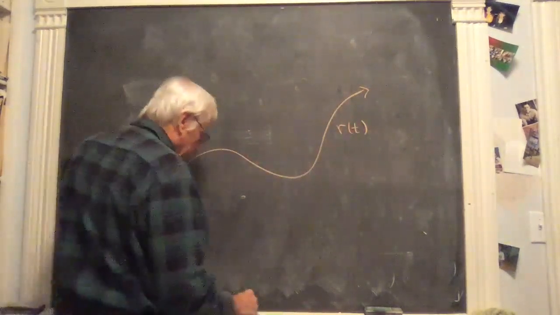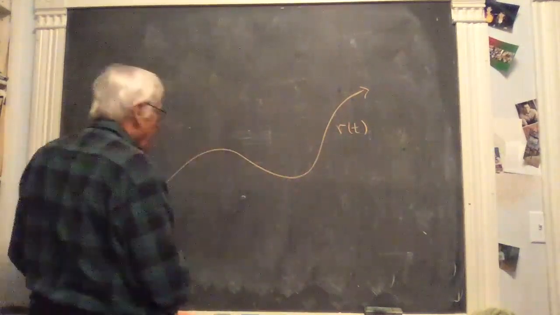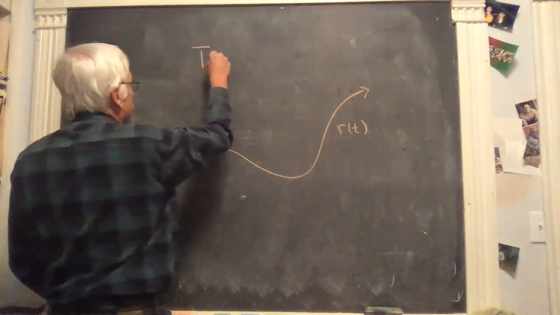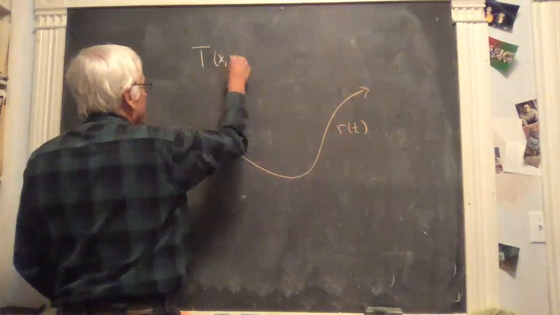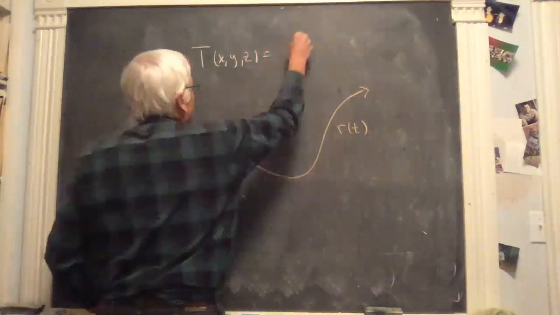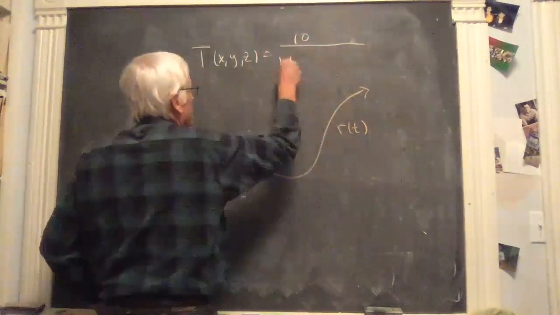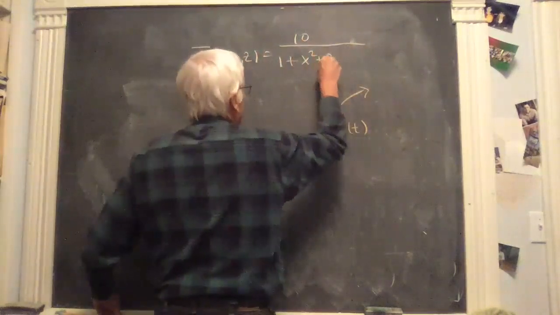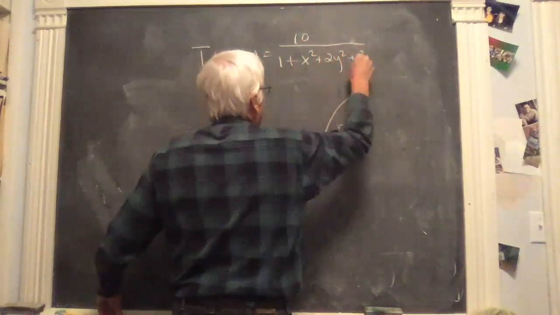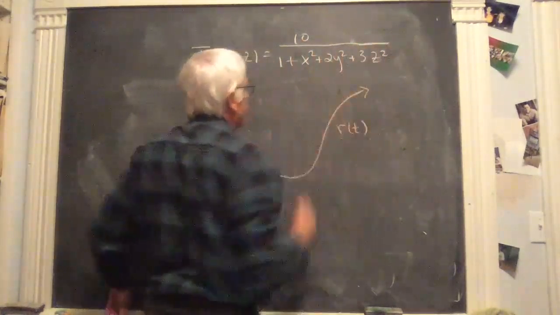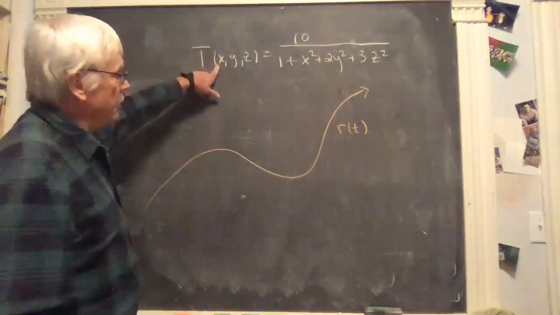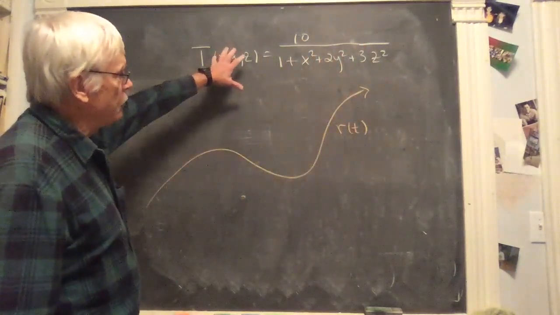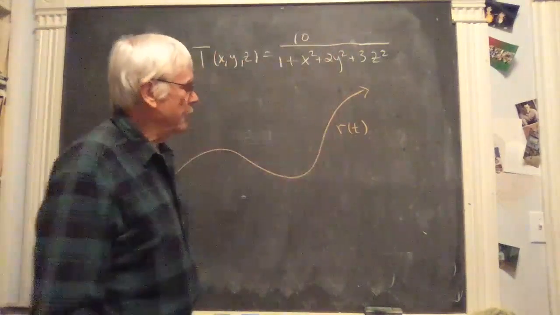And I also give you a temperature distribution. Say the temperature distribution in space at x, y, z is 10 divided by 1 plus x squared plus 2y squared plus 3z squared. So at any given point in three-dimensional space, this will give you the temperature.